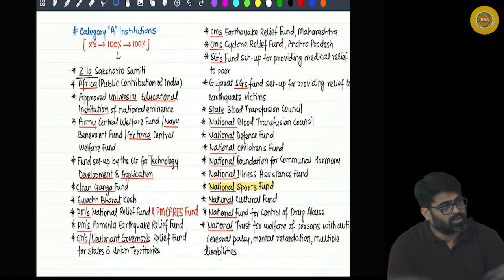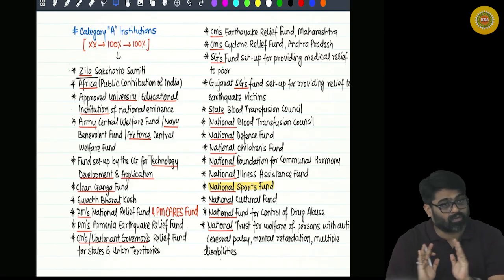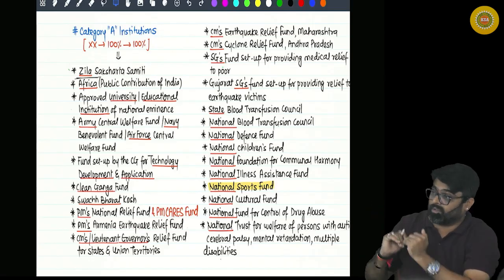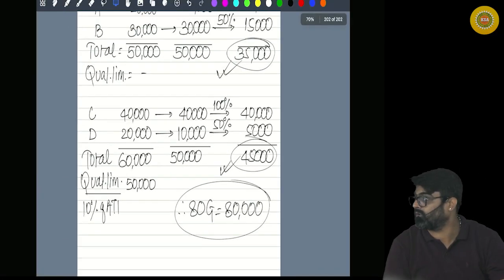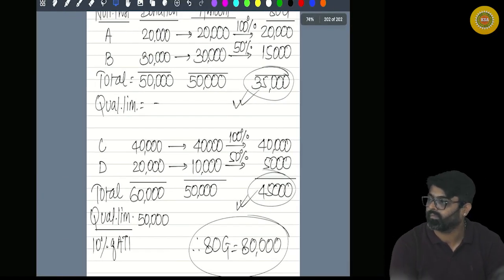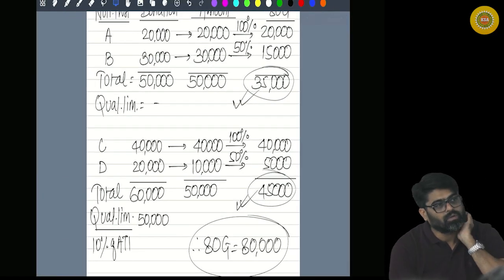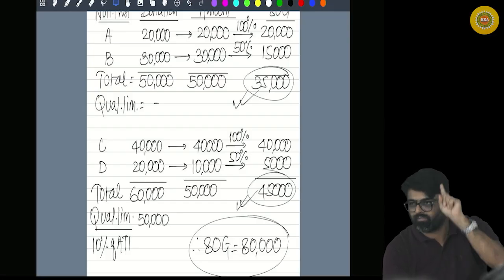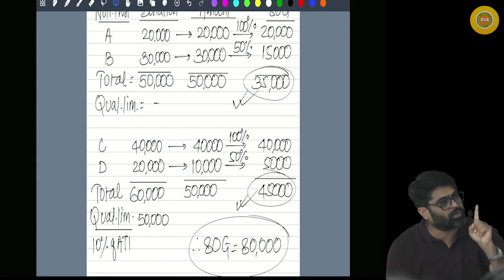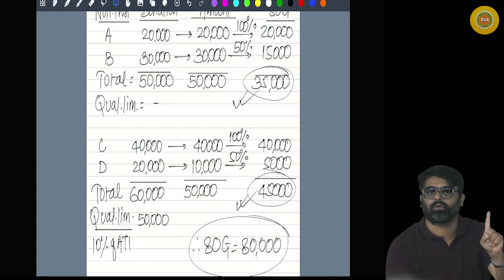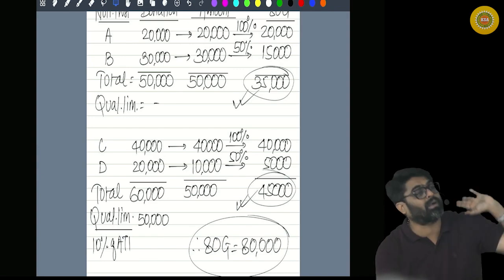Yes or no? Now you have to correctly identify to which category of fund the donation is made. Only then will you be able to do this calculation correctly. Otherwise this calculation will go wrong. And please don't apply your mind. If I have told you to calculate in this manner, calculate in this manner only. Don't try to be over smart.